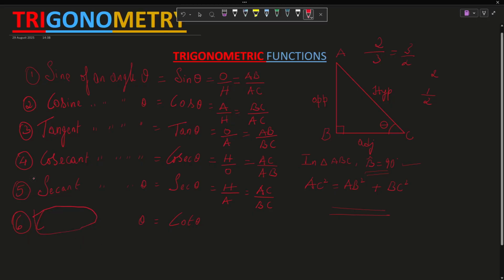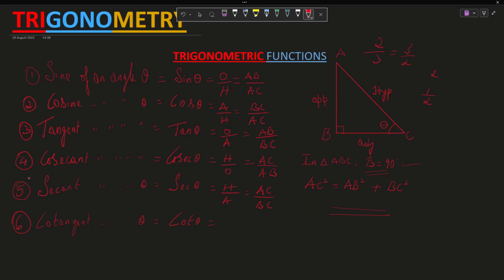C-O-T-A-N-G-E-N-T, cotangent. So these are the abbreviations which might be asked in 1 mark questions also. So always go through those things, which are always required for a 1 mark question. So you write it as what? Cotangent. C-O-T-A-N-G-E-N-T. Cotangent of an angle theta is called cot theta.